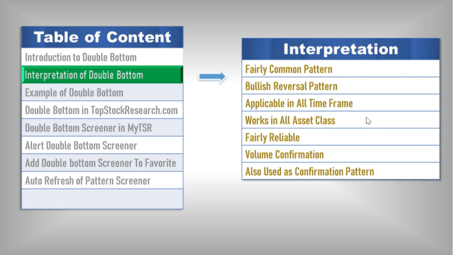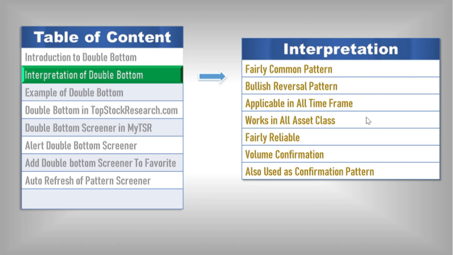The structure of this pattern itself tells a lot about the formation, wherein the sellers have tried hard, but they are not able to push the price down beyond a point. They tried twice, but again they fail, which itself means that there's a strong support level at that point of time. So that gives strength to this pattern.